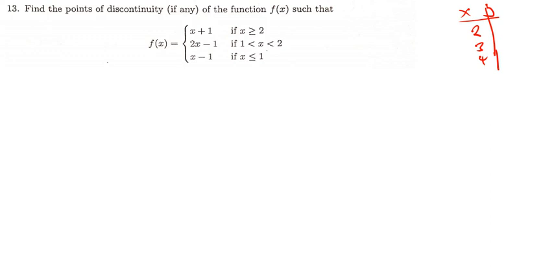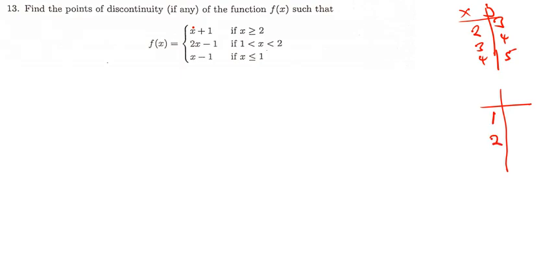If I put 2, it's going to be 2 plus 1, which is 3. If I put 3, it's going to be 4. If I put 4, it's going to be 5. I'll go to the next one. The next one we've been told is from 1 to 2, so I'll write here 1, 2.